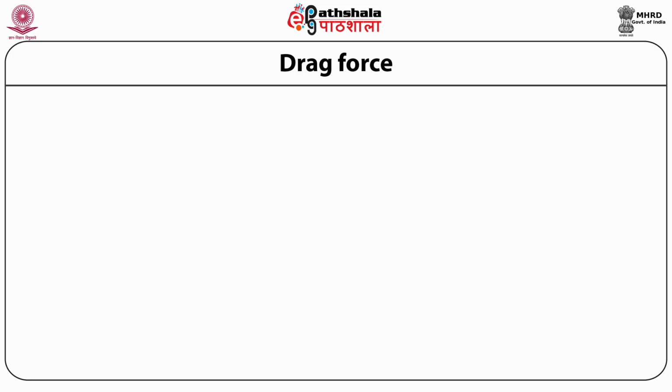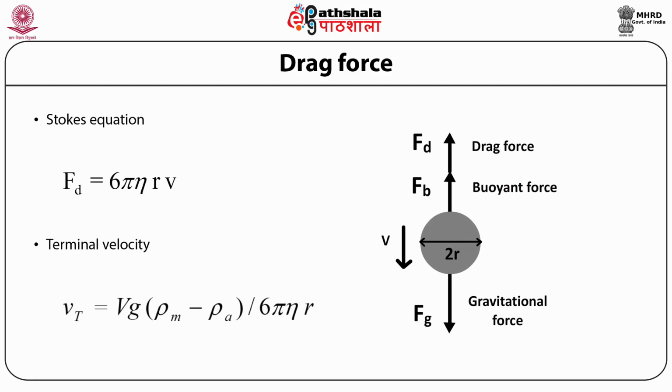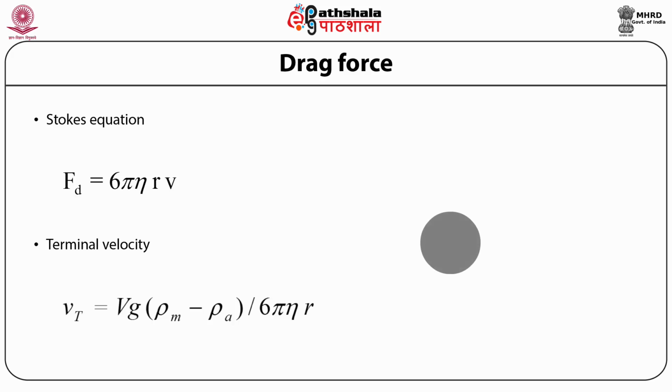So in the concept of drag force, we will now describe two important things. The first one is the Stokes equation, which is for spherical objects. The second one is terminal velocity. The Stokes equation describes the drag force on a spherical object which is moving through air or through fluids under gravity.